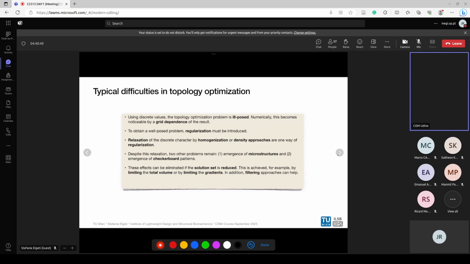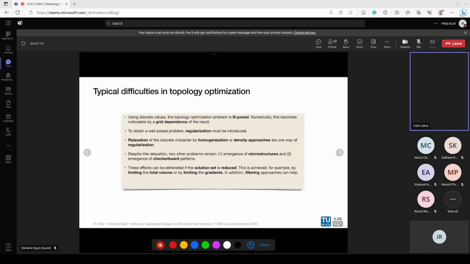So for example, SIMP is already a regularization in itself. If you don't use that, you need other ways of regularizing. And then even if you do some regularization, you will have two more problems. So emergence of microstructures and these checkerboard patterns.